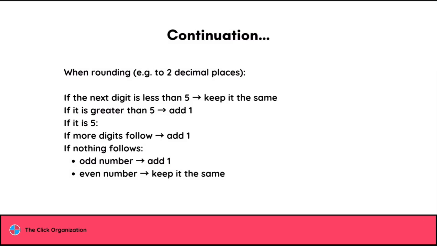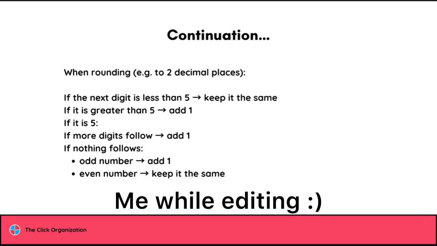But what about if the third digit is 5? At that time, what should we do? We take a look back at the second digit. If the second digit is odd, we add 1. If the second digit is even, we keep it the same. Just wanted to add a quick note.